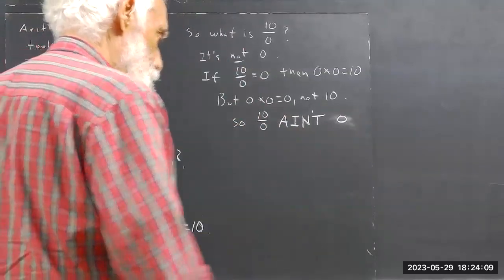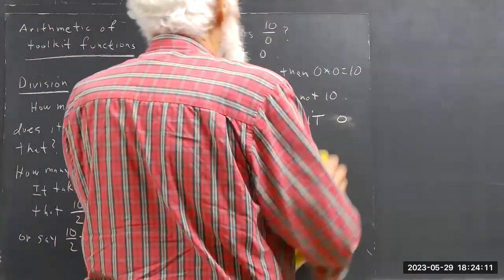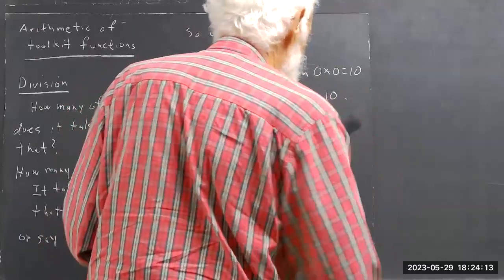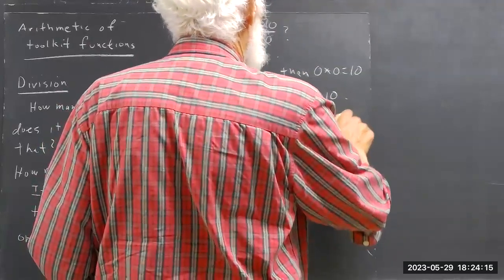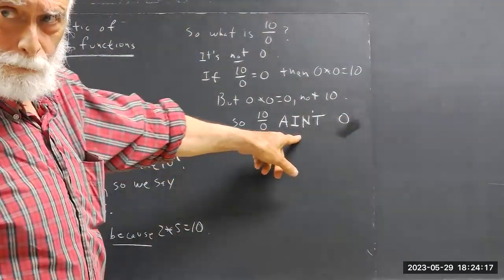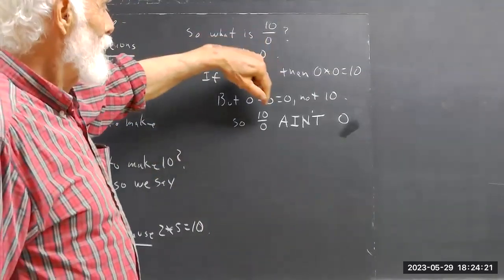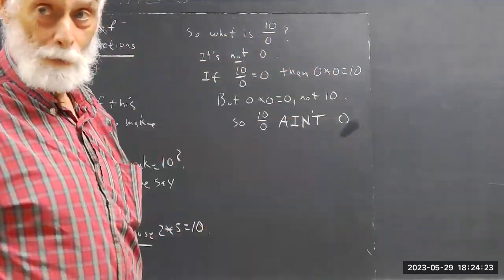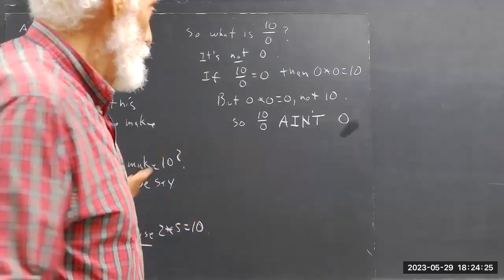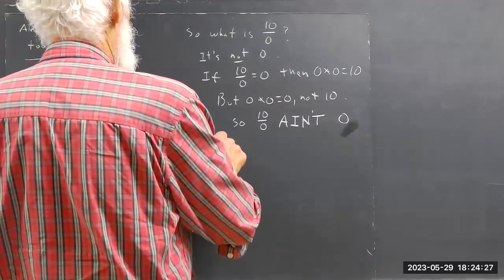I just kind of destroyed my emphasis there, but I'm just saying it as strong as possible. That's not really what world-class mathematicians do. But 10 over 0 is not 0.